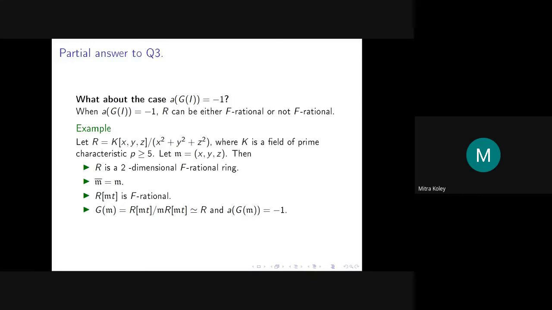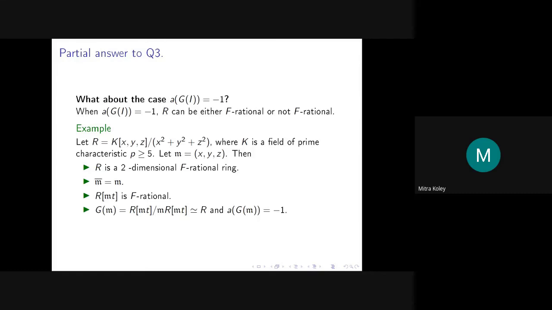Then R is a two-dimensional F-rational ring. Again, using the technique I discussed last talk, one can show that it's a two-dimensional F-rational ring. Then the integral closure of the maximal ideal is the ideal itself. Hence, by the two-dimensional case, the Rees algebra will always be F-rational.